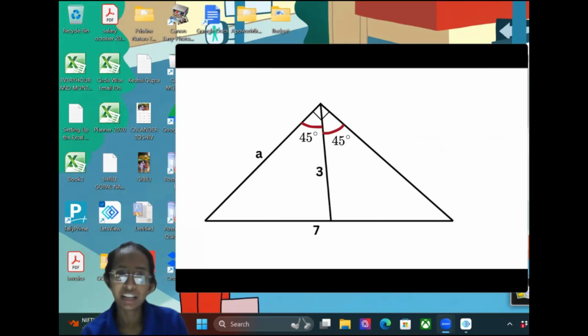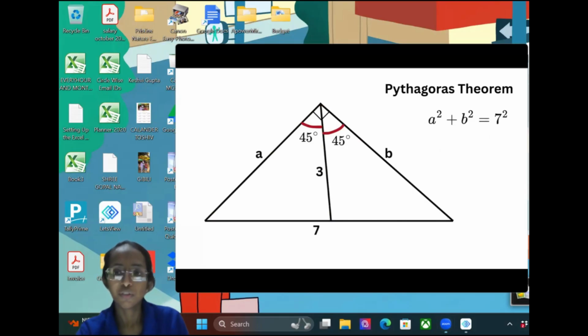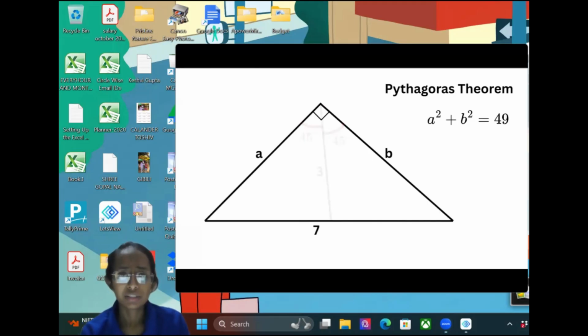Now let this side be A and the other side be B. By Pythagoras theorem, A square plus B square is equal to 7 square, which is 49. The area of this triangle can be calculated by half times the product of the two sides, that is A into B. So this is AB by 2.